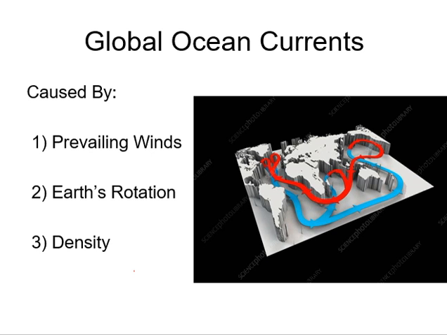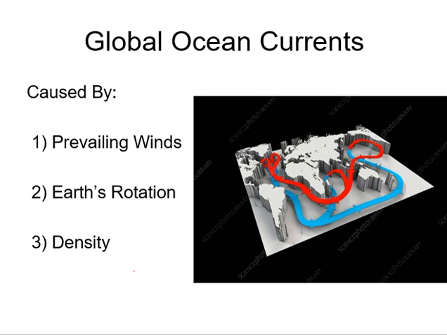We're going to continue to look at factors that influence Earth's climate and ultimately influence the distribution of life. One of those factors is planetary. We refer to them as the global ocean currents. Prevailing winds blow over the ocean to produce mass movements of surface water.